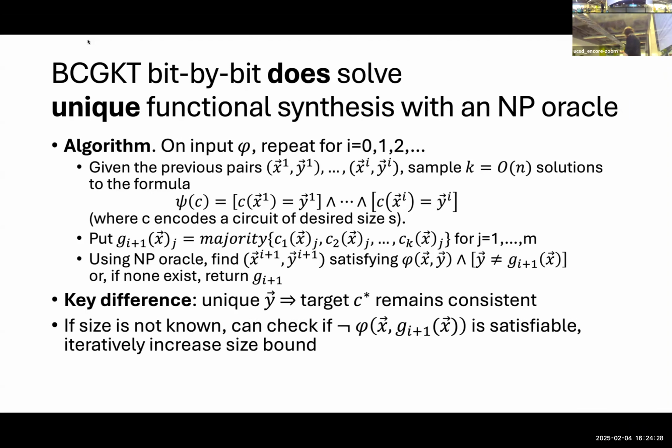So you can solve this unique functional synthesis problem with essentially the Bashudi and friends algorithm. And of course, I didn't need to know the circuit size bound up front. I could check in the end if I get a correct Skolem function. And if not, I can iteratively increase the size bound. So you can do something like minimizing the circuit size in this setting. Okay. All right. So fine, we got the ability to solve unique functional synthesis again with the aid of the NP oracle.